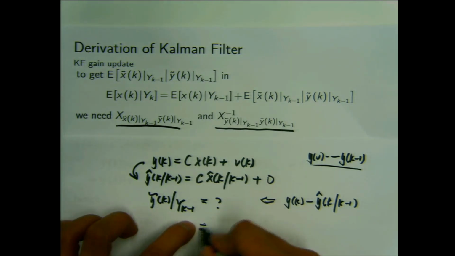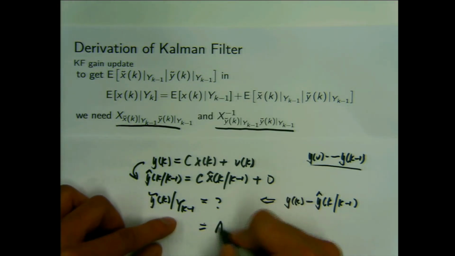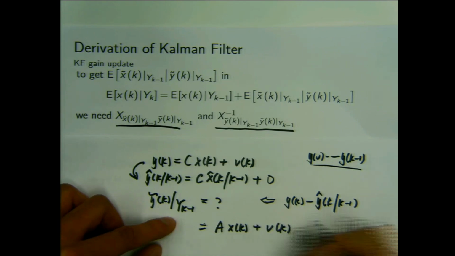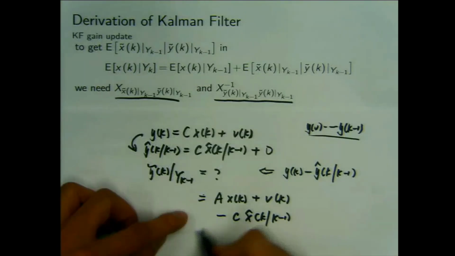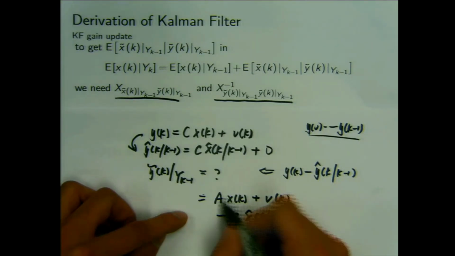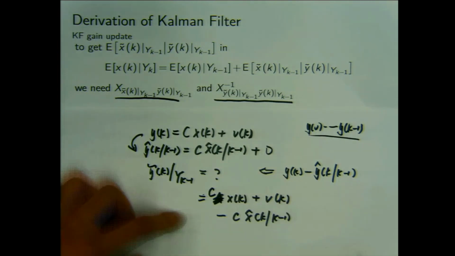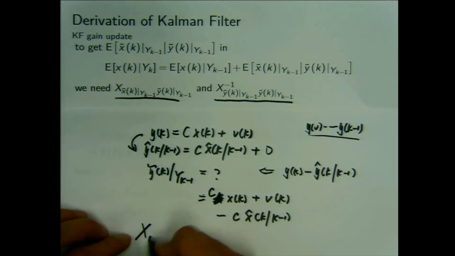Now you see, y tilde k given k minus 1 is going to be Cxk plus vk minus C x hat k given k minus 1. Then 0, I won't write 0 again. No, I made a typo, it's going to be C. Sorry. So now, look at this.